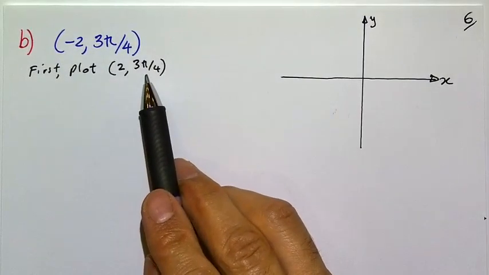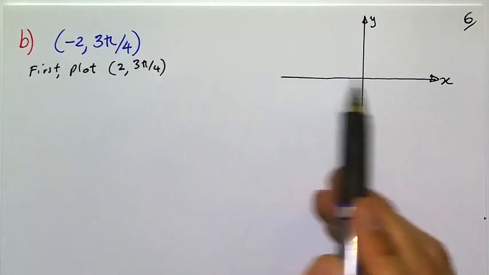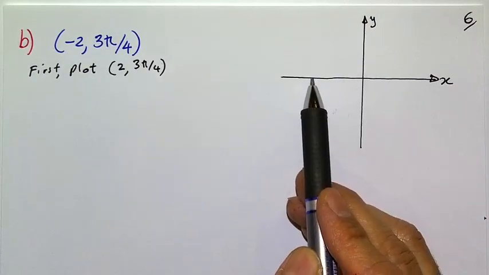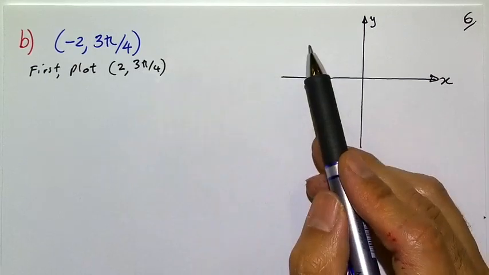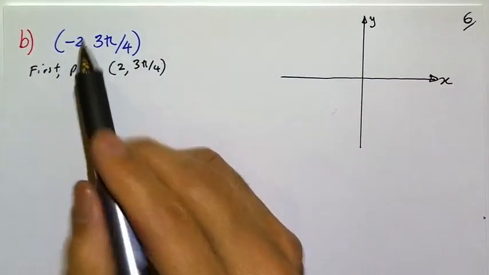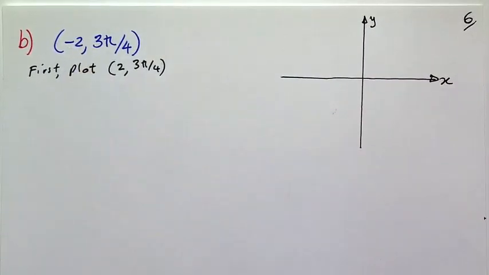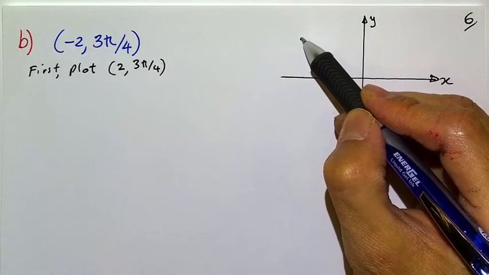So 2 comma 3 pi over 4. 4 pi over 4 would put me at pi, right? That would put me here. This is a little bit less than that, 3 pi over 4, so I must be here for this one, not for the original one. Somewhere here, 3 pi over 4.